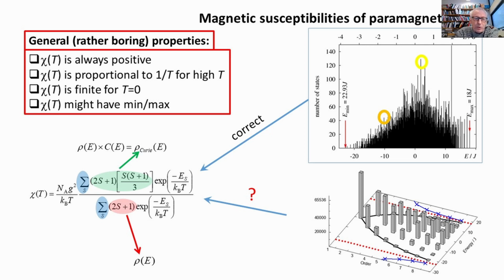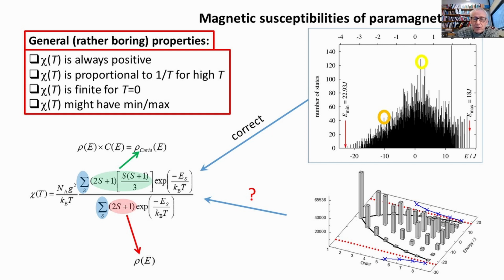They become proportional to 1/T for high temperatures. They are finite at temperatures equal 0, and they might have some features like minima and maxima between temperature 0 and infinity.